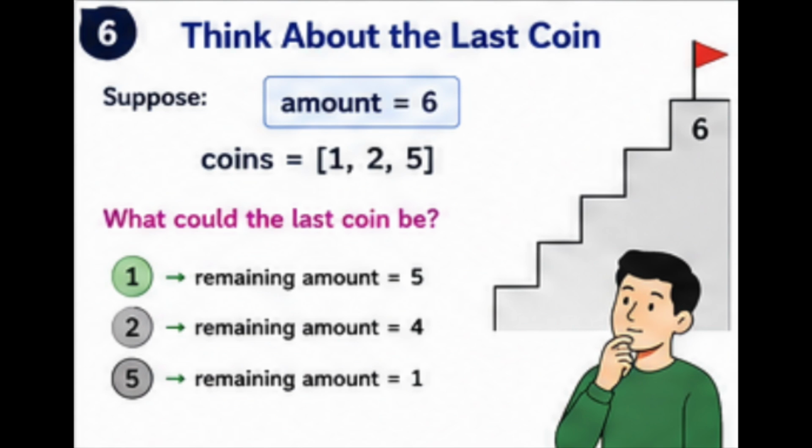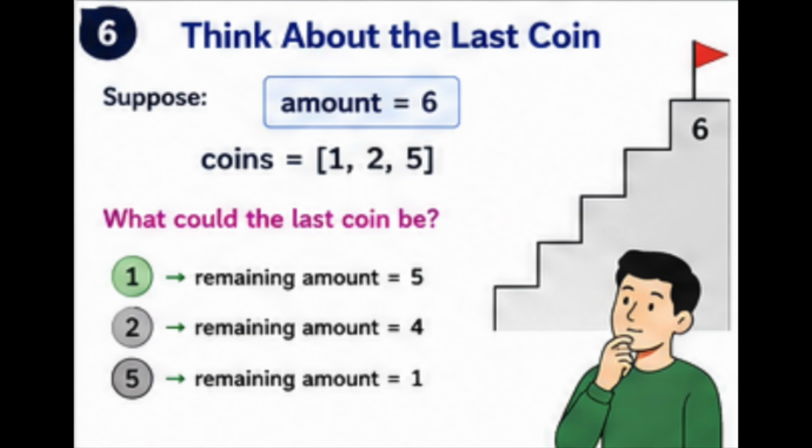Now, we are going to use an important technique. Let's say our target amount is 6. Instead of asking, how can I make 6? Let's ask a different question. What could be my last coin? Our available coins are 1, 2 and 5. So the last coin could be 1 or 2 or 5.